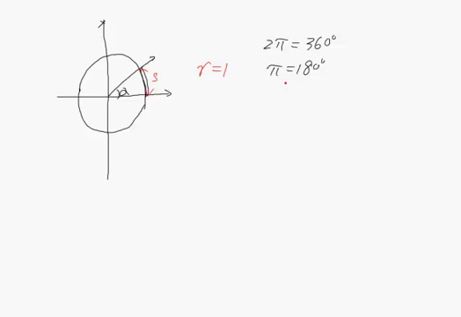Now, let's talk about the arc length. Suppose we have an angle, and we know the radian measure of this angle alpha. How can we find the corresponding length of this intercepted arc? We know in a circle, the length of the intercepted arc varies directly as the angle.